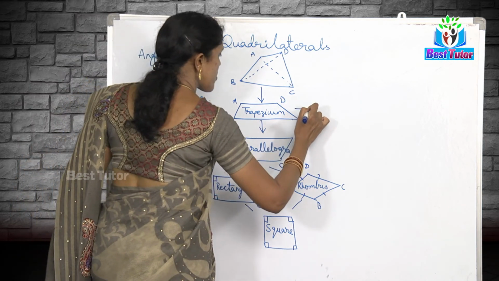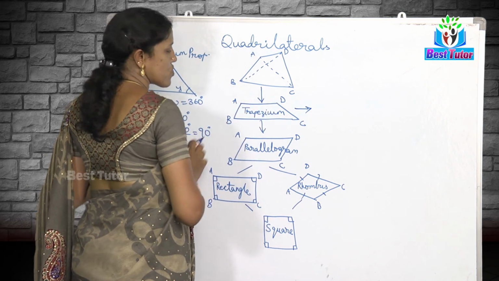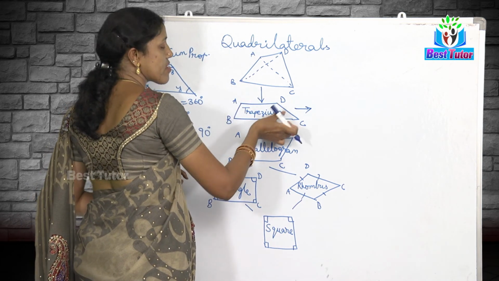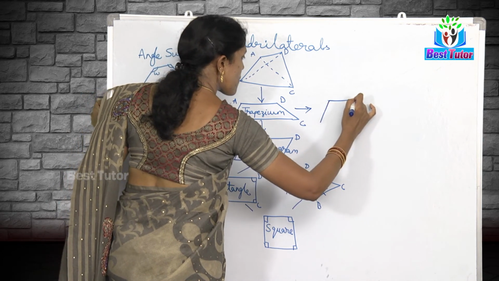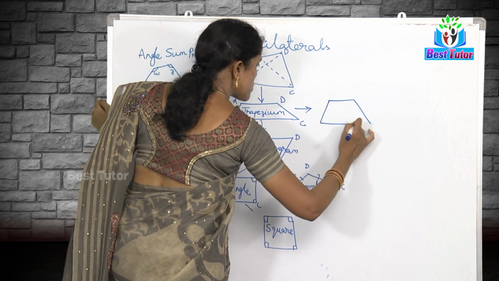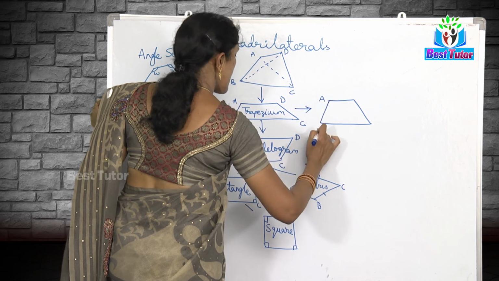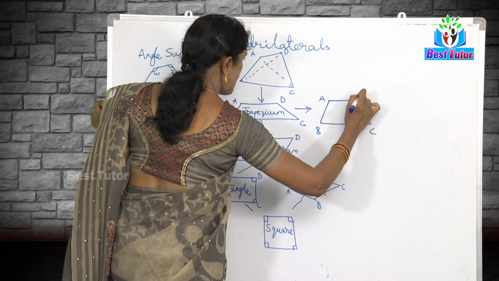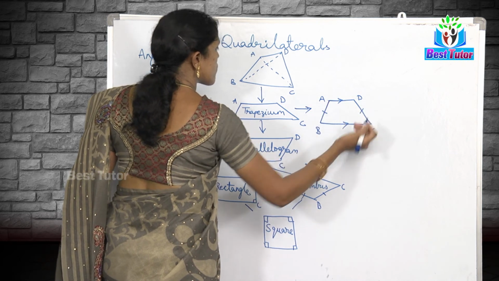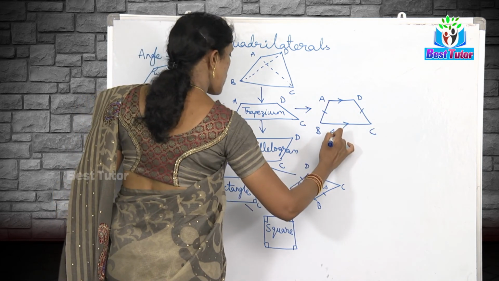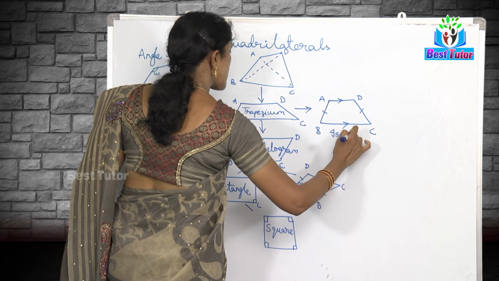In the case of a trapezium, these two are the sides which are parallel, and AB and DC are the non-parallel sides. If the non-parallel sides are equal in measure, ABCD is a trapezium with AD parallel to BC. If AB is equal to DC, such a trapezium is called an isosceles trapezium.